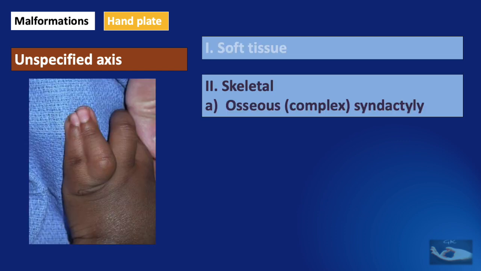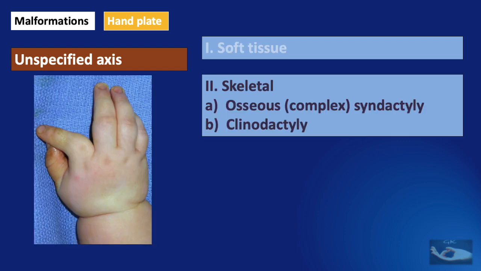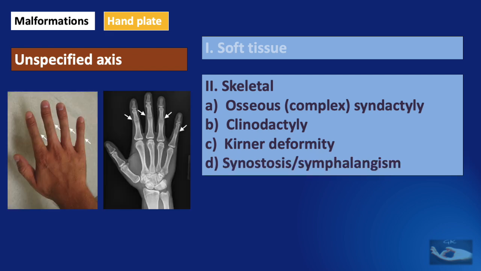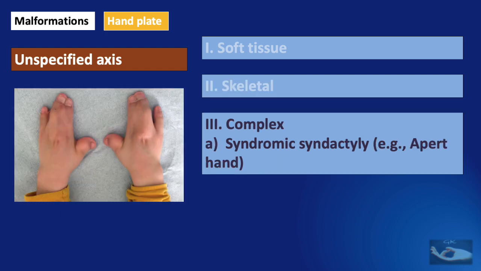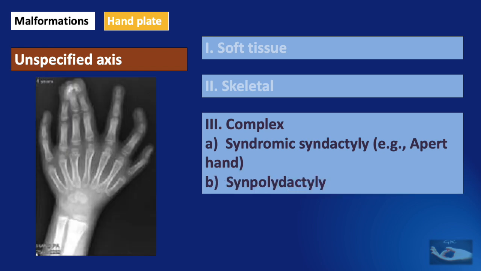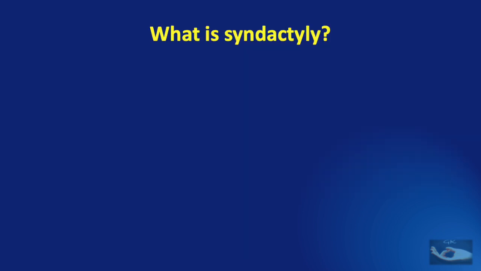Osseous or complex syndactyly, clinodactyly, Kirner deformity, and synostosis or symphalangism fall under the skeletal involvement of the unspecified axis, and syndromic syndactyly like Apert hand or synpolydactyly come under the complex involvement of the unspecified axis of the hand plate malformation.